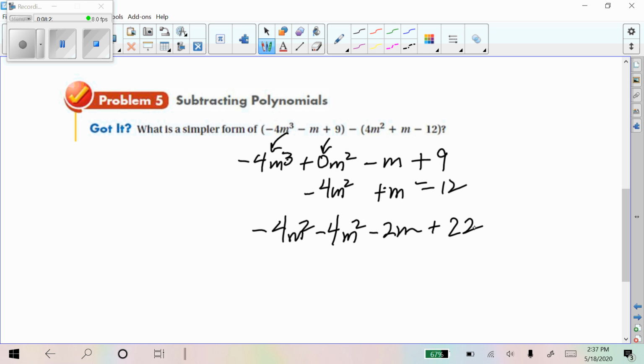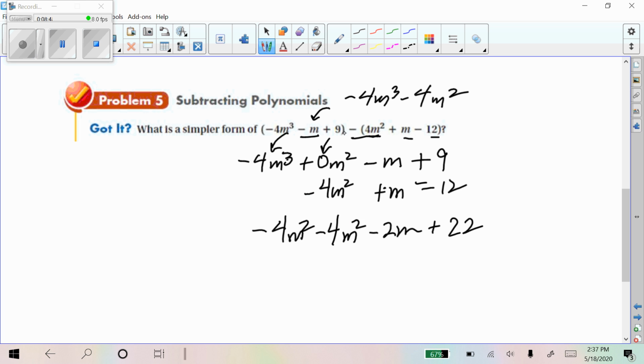Now, actually, the way I like to do these is I just remember that everything inside the parentheses here needs to be subtracted, and then it goes a little better. So we start with negative 4m to the third, and since we don't have any m squared here, we just have to subtract this 4m squared.